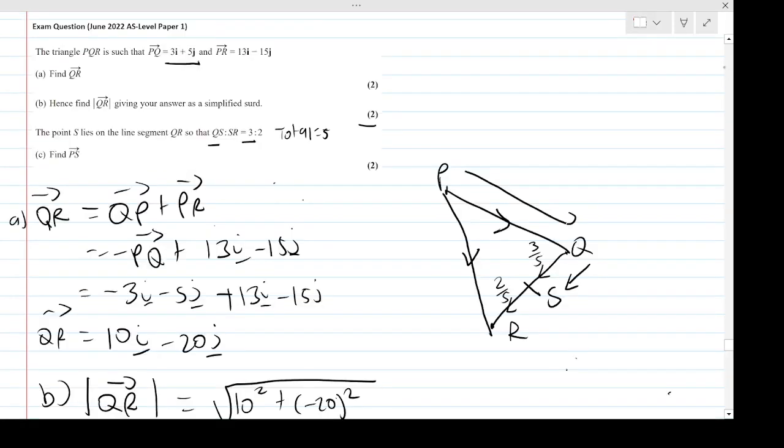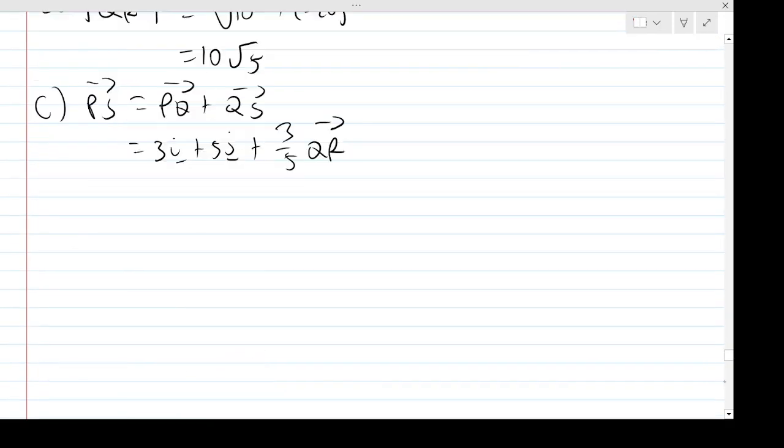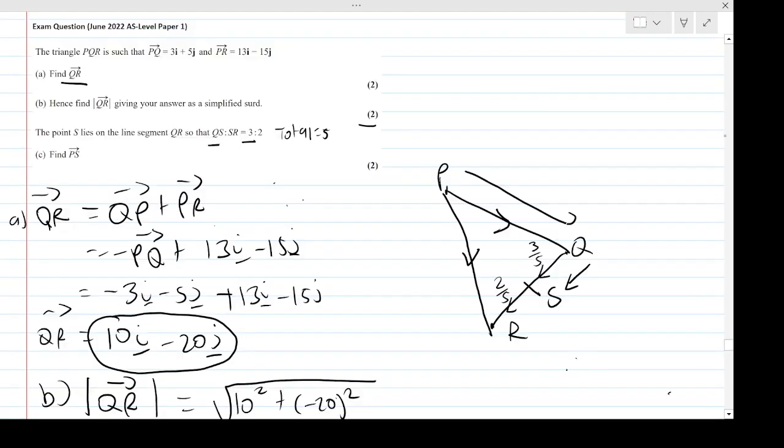So I can say this is going to be 3/5 of QR. But again, I found QR in part A. QR is 10i minus 20j. So I need to do 3/5 of this. So I'm going to get 3i add 5j, and then 3/5 of this vector QR, 10i minus 20j, which I've circled.